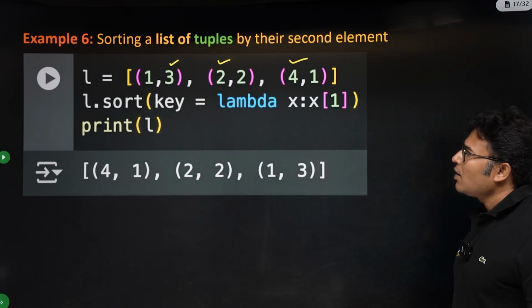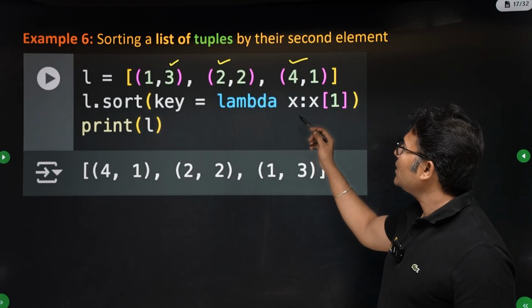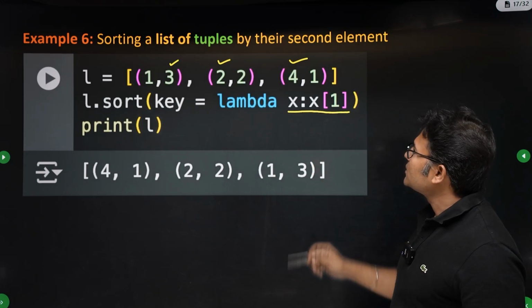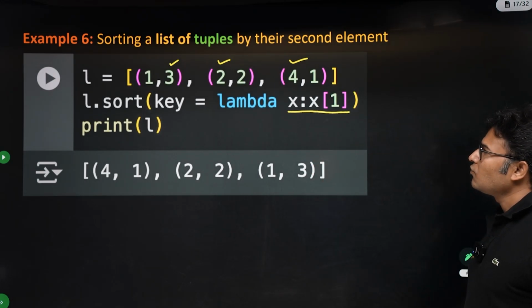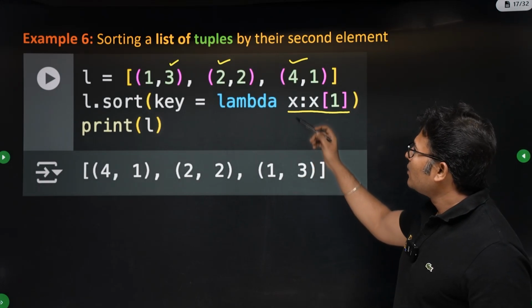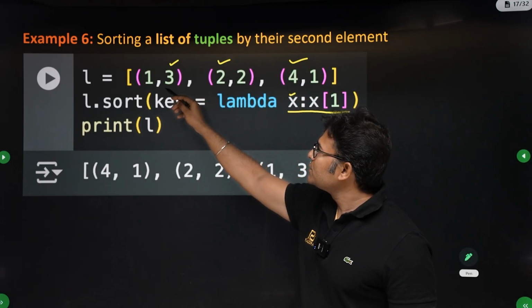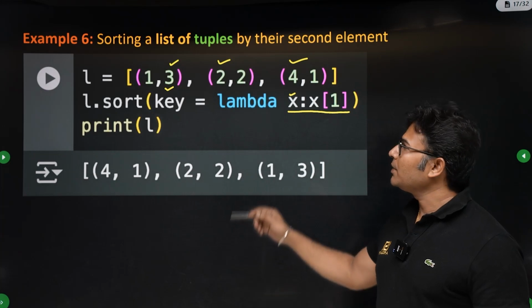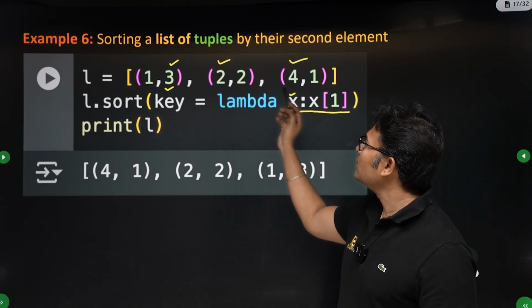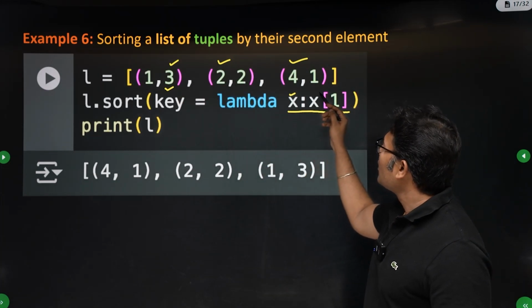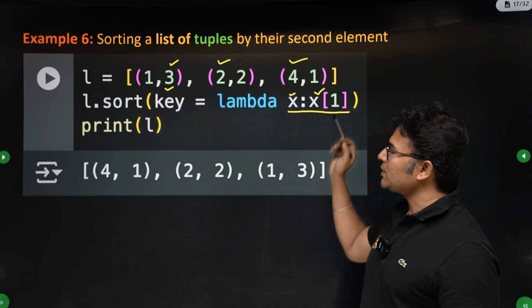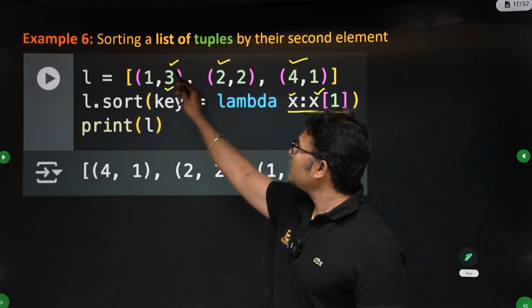Okay. Now we are applying the lambda x is to x of 1. So what does it mean? For each element x, for each tuple x in the list, we are returning x of 1. This is the expression returned. X of 1 means 3.